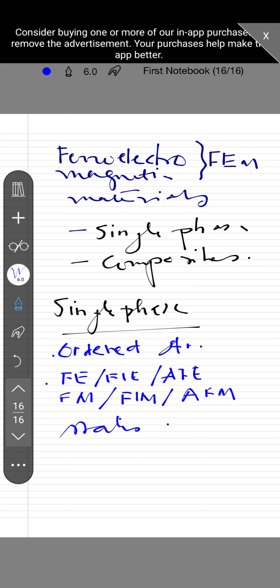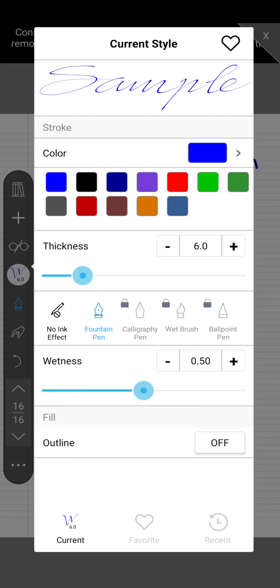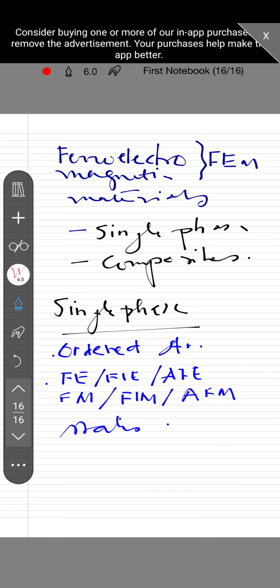And the most important thing is that they should show a two-phase transition.